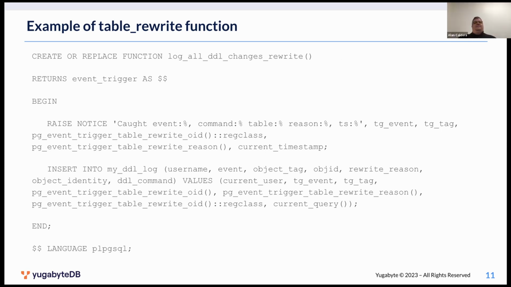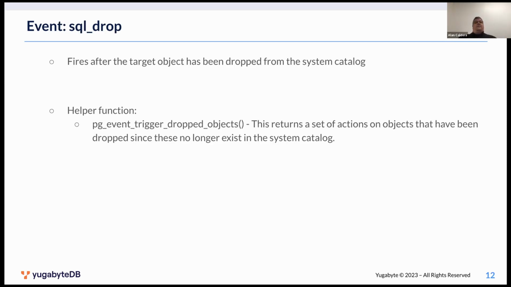And I think you're not showing the create event trigger step, but that is assumed. Right, there's actually a create event trigger where I register these functions. You attach this function to the table rewrite event. Yes. Okay. One more question, Alan.